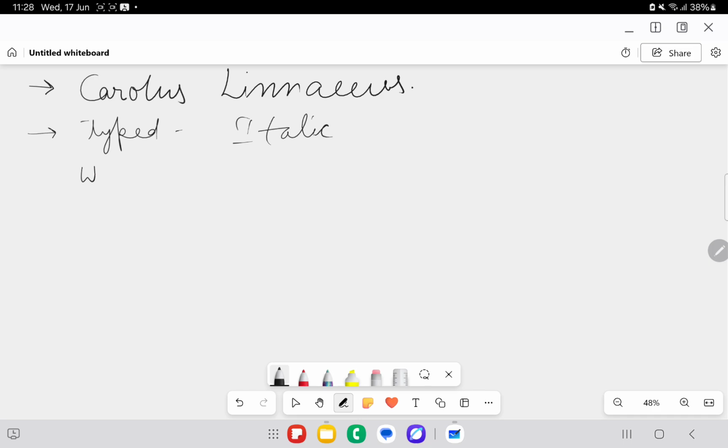When it is written by hand, it should always be underlined.